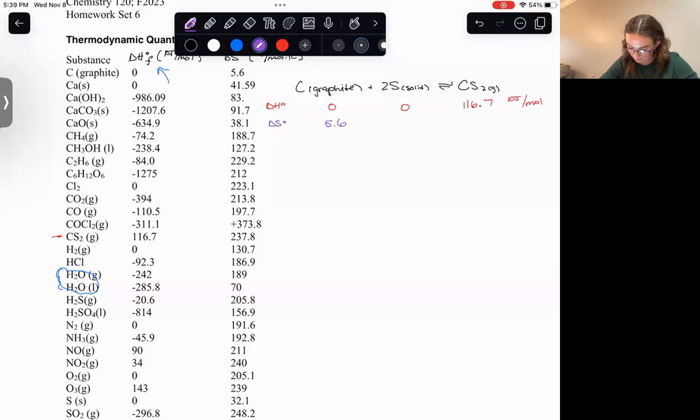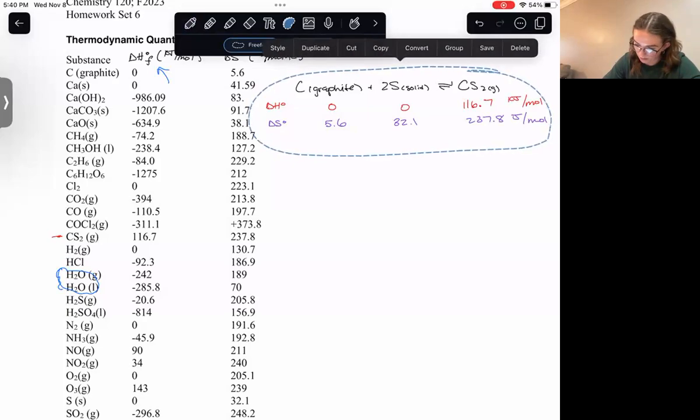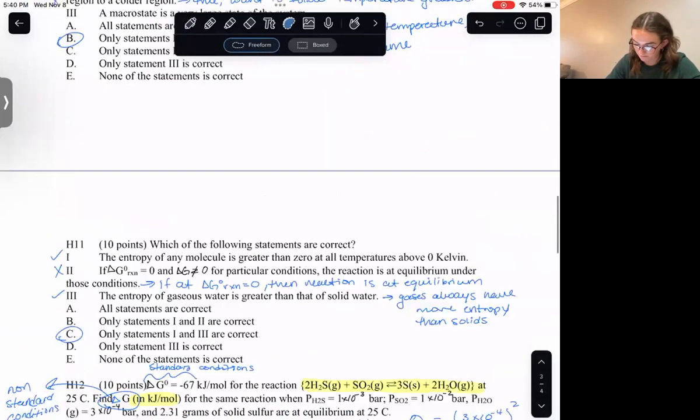For S solid, we have 32.1. And then for CS2, we have 237.8. Okay, and those are going to be our values for delta H and delta S. So I'm going to bring this back to my question.